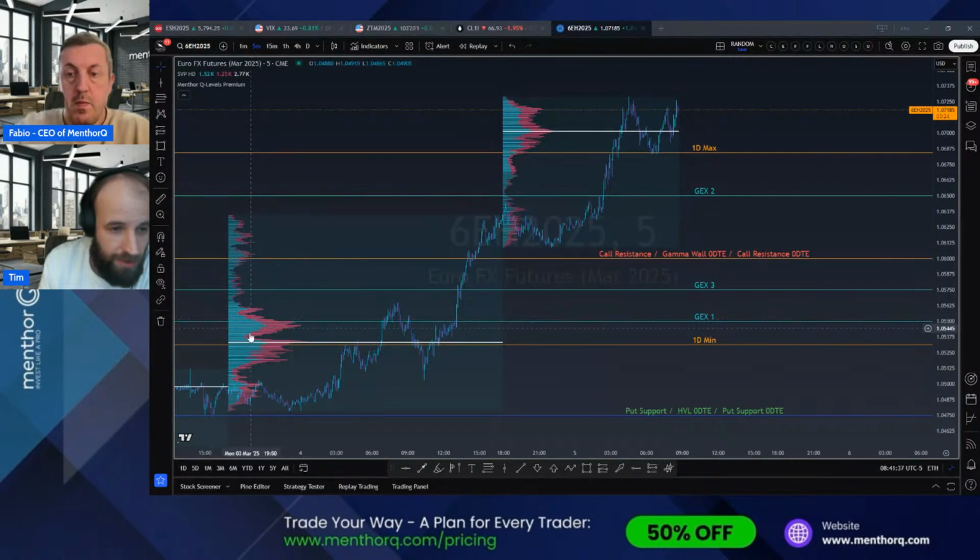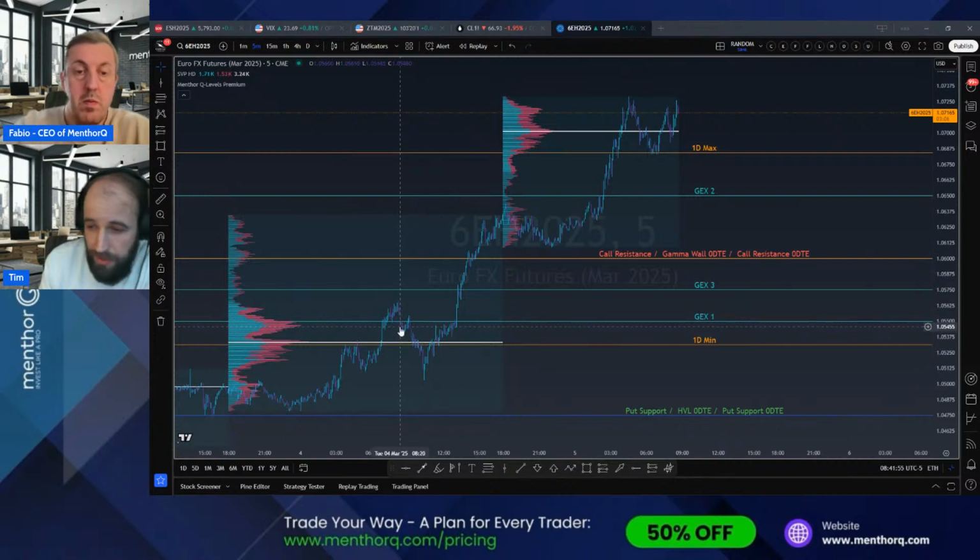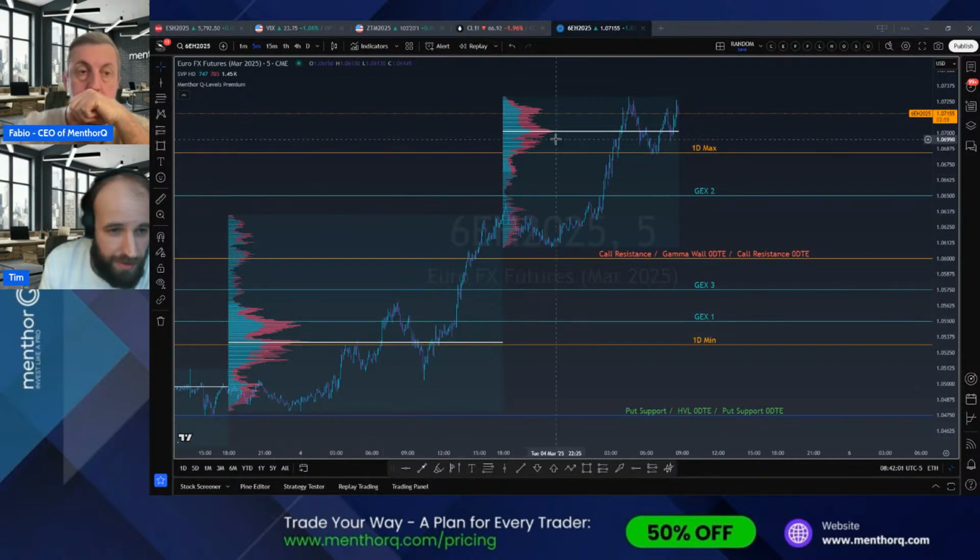Volume profile wise, look at these big chunks that have been traded. Actually pretty significant if you compare it to today. This chunk here was built out yesterday already. It is 8:30, so today it's not even that big. So what does it mean?